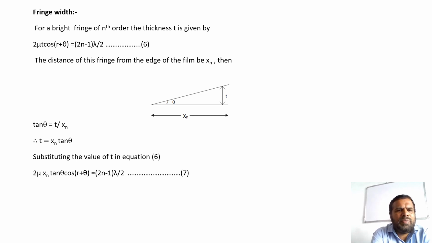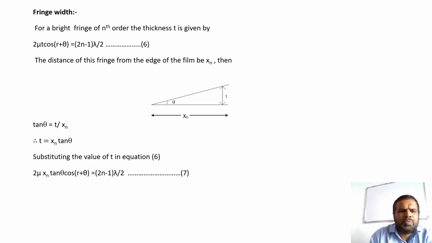The distance of this fringe from the edge of the film be xn. Now see that this is the wedge here. The distance between this point and this is xn, the angle is theta, and the thickness of the film is t. Tan theta is equal to t divided by xn.